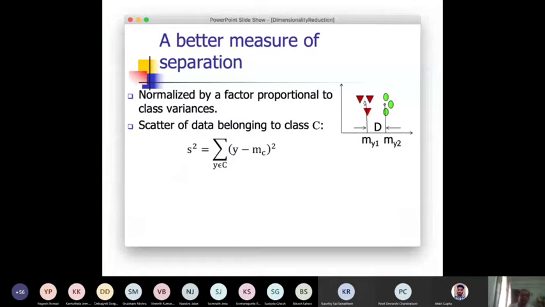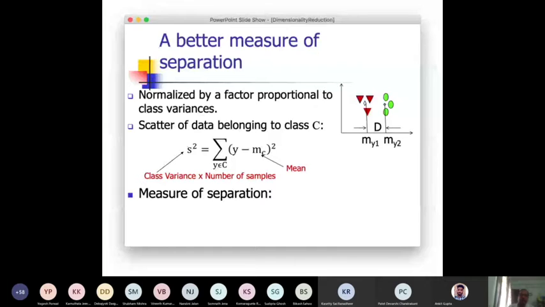If I consider the scatter for both classes, then I can define an objective function: since I am considering squares of distances, I also square the distance between the means, and then it is normalized by the sum of the scatter of the two classes.